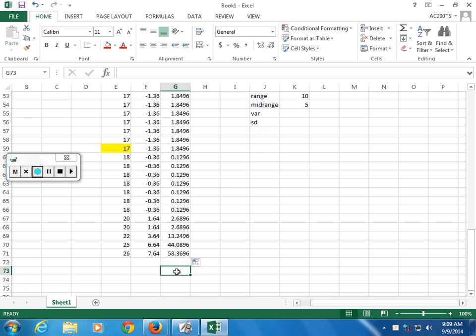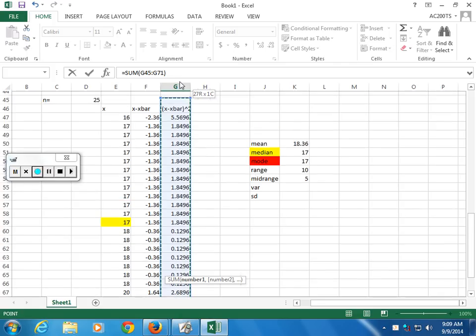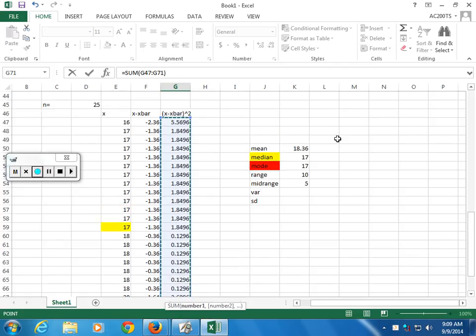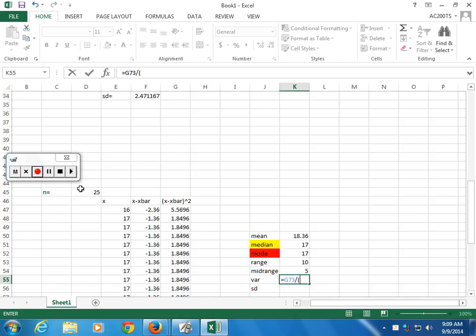Add that number up and divide it by what? N minus 1. This guy divided by parentheses N minus 1.